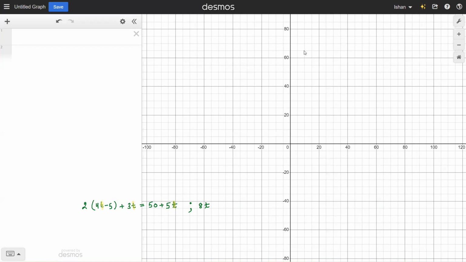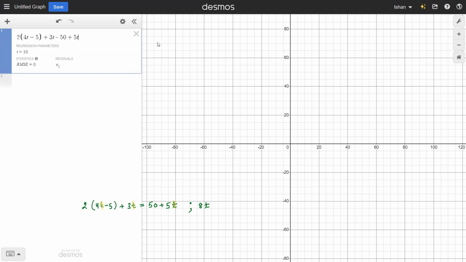So we'll use regression for quick calculations and no confusions. So this is 2 times 4t minus 5 plus 3t, a sign of regression, 50 plus 5t.